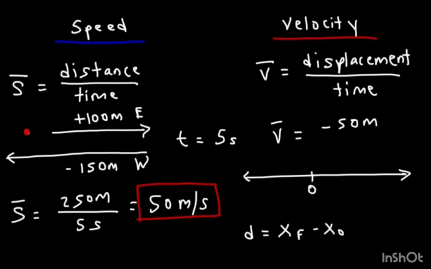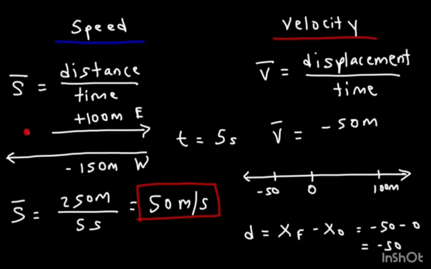So the particle started at position 0, and during the first part of its travel, it was at position 100, and then it traveled 150 meters west, so it ended at position negative 50. So its final position was negative 50 minus its initial position of 0, which will still be negative 50.